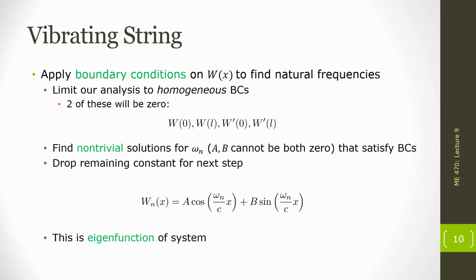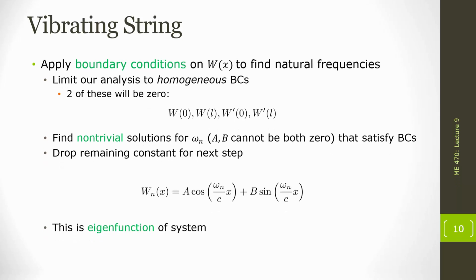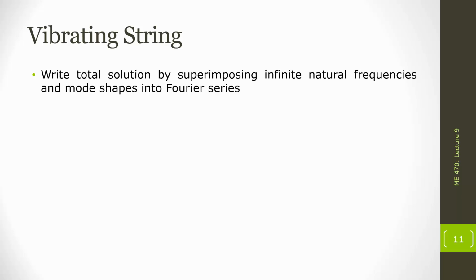Now again, with a little bit of hand waving of the mathematical details of what's happening here, because there's an infinite number of these, they are actually going to look like a Fourier series. There's an infinite number of these eigenfunctions that satisfy our boundary conditions, and we have to account for all of them. So we're going to superimpose all of these natural frequencies and mode shapes or eigenfunctions as a Fourier series.